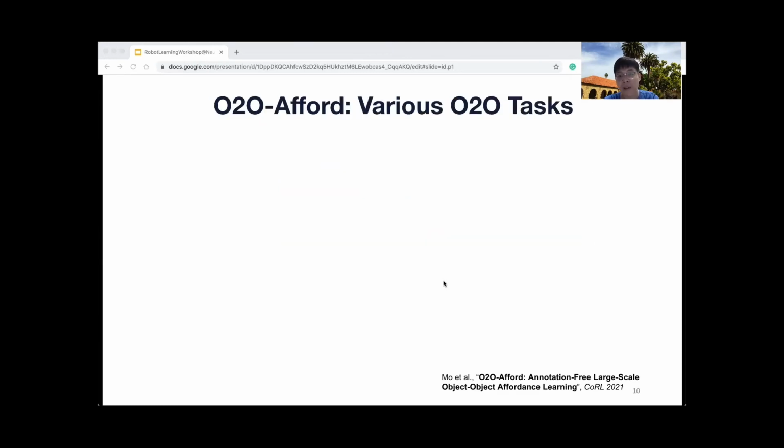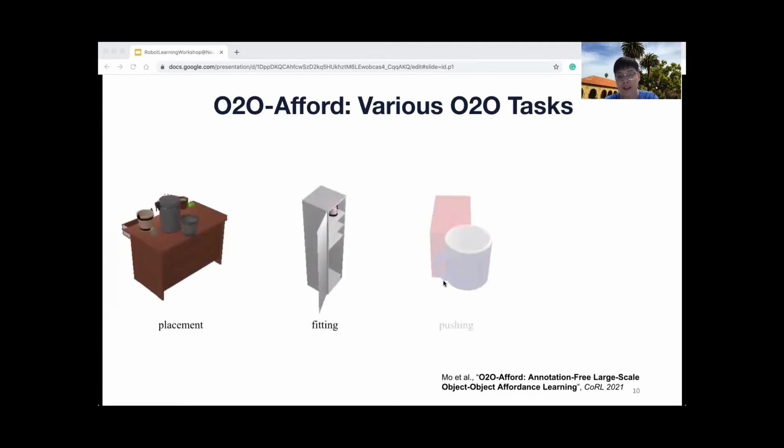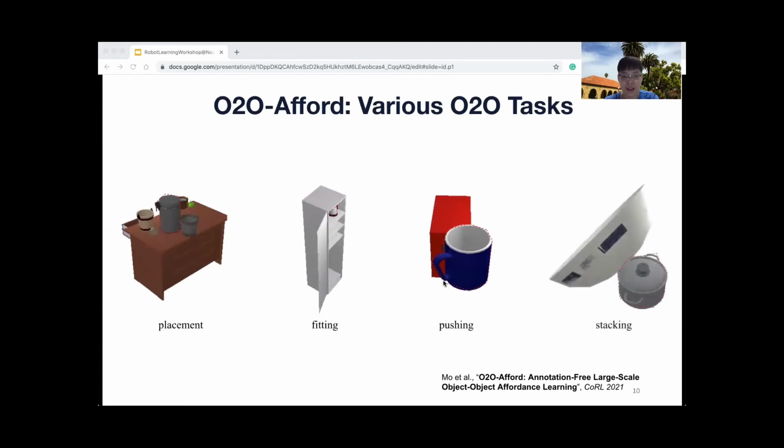There are various object-object interaction tasks in our daily lives. We consider four scenarios in this work and design a unified framework to learn task-specific O2O affordance for them.